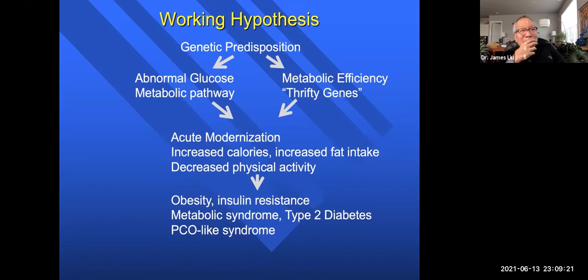My predisposition, or my working hypothesis, of why we see more of the obesity-associated PCOS type patients, which is the majority of the amenorrhea that we see in the office, is that they have a genetic predisposition. This may be an abnormality in the genes that control the glucose metabolic pathway, such as glucose transporters or insulin receptor defects.